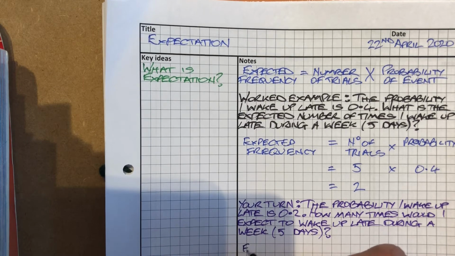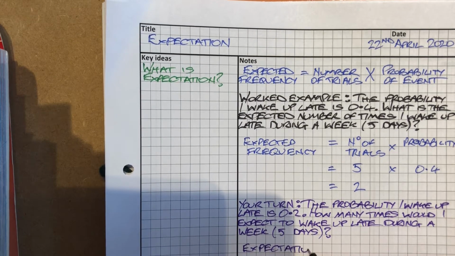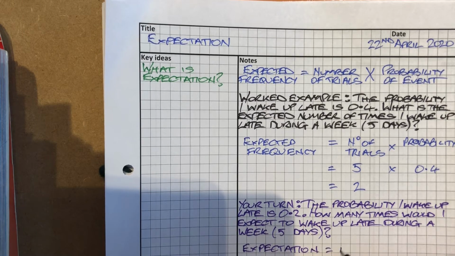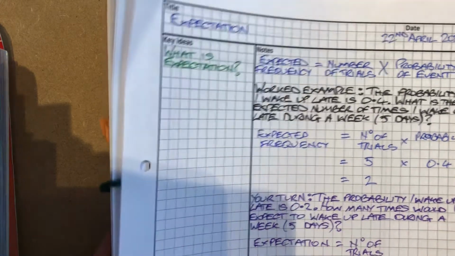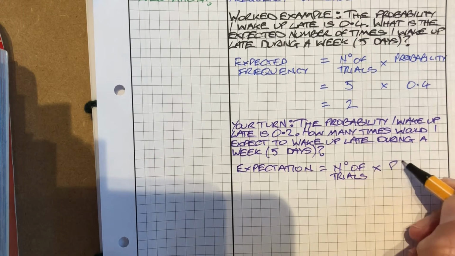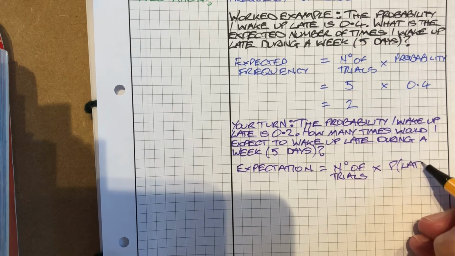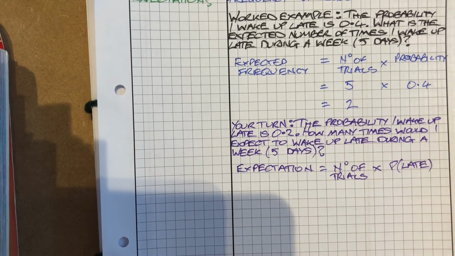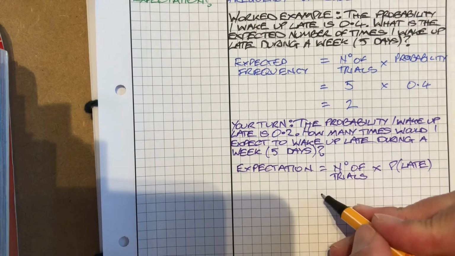Right, so my expected frequency or expectation is equal to the number of trials times by the probability, that's P bracket late, using that notation we learned before.